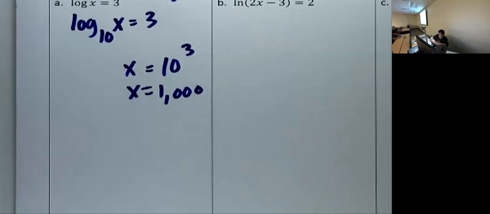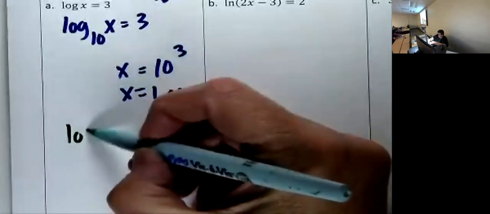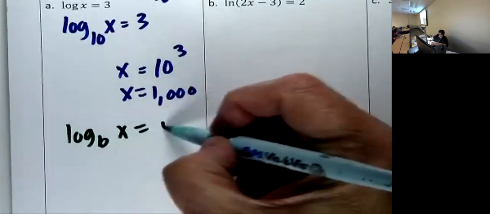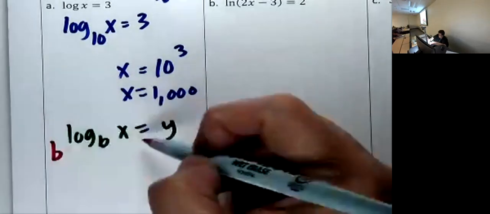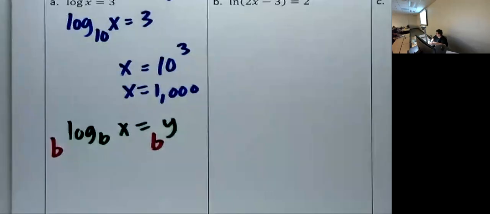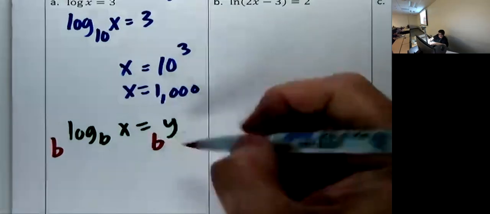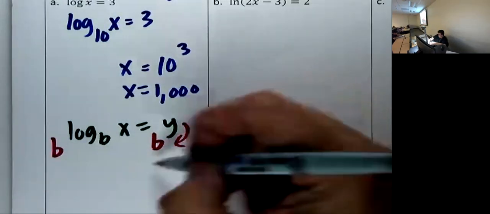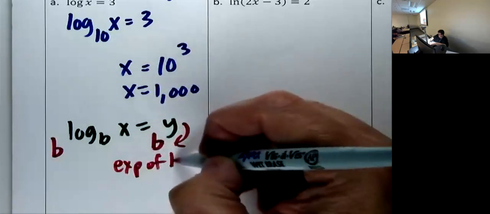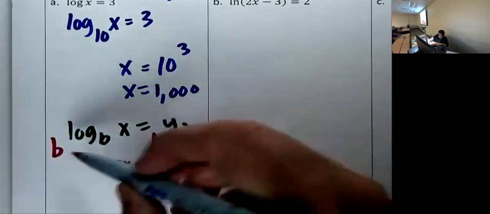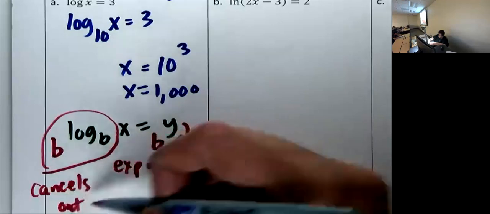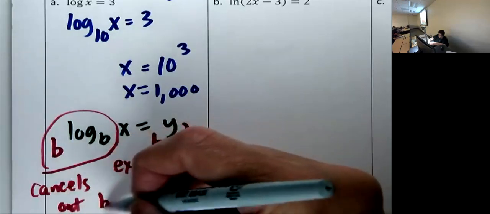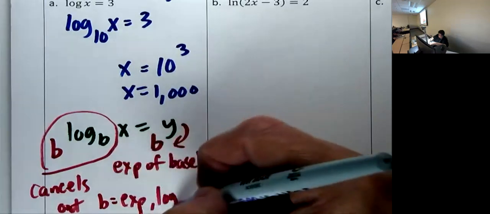Another way of looking at this is I'm going to just write log base b of x equals y, to show the general form of it. A way of remembering this is just take both sides and make them exponents of base b. So started with that, exponents of base b. And b to the log b cancels out, because b is an exponential and log b is a logarithm.